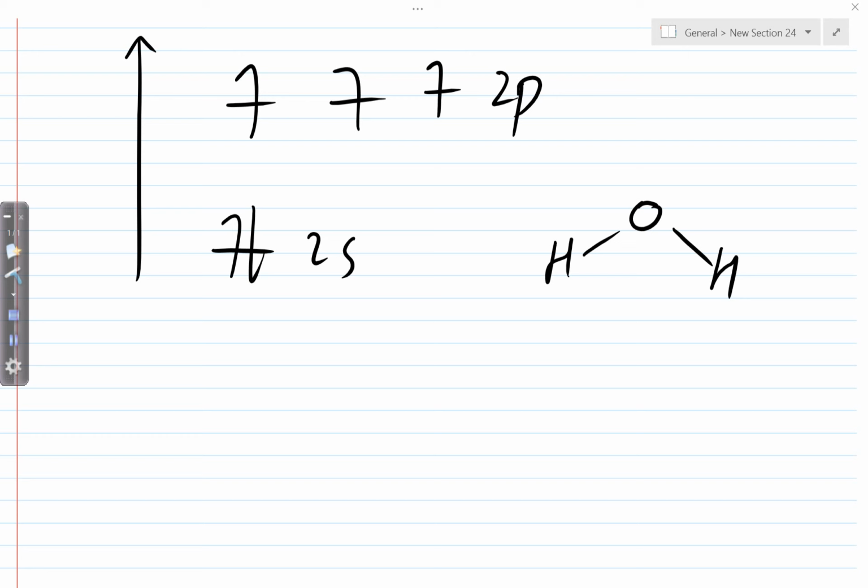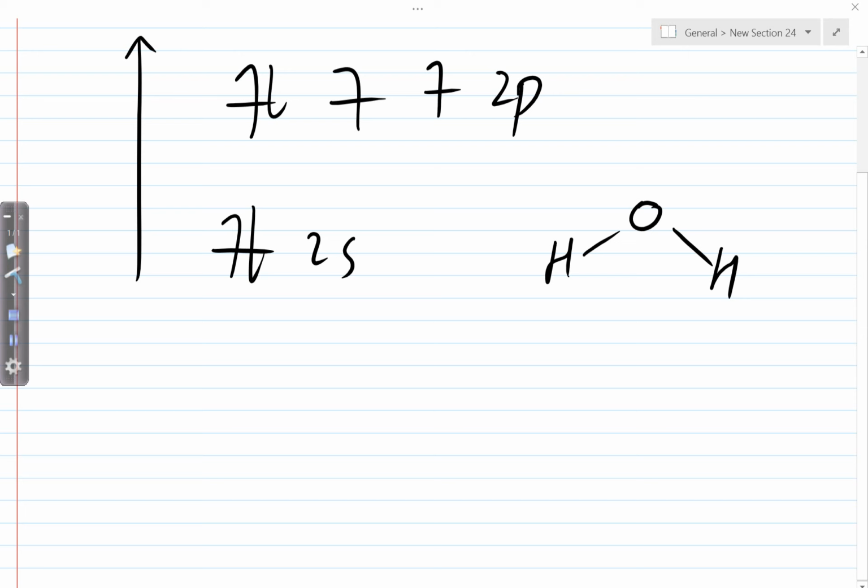So this is a P4. It's in period 2, so it ends with a 2p and a 4. So 2p4 means there are how many electrons here? 4, 1, 2, 3, 4. So I hope you know how to draw this. This is your Hund's rule.